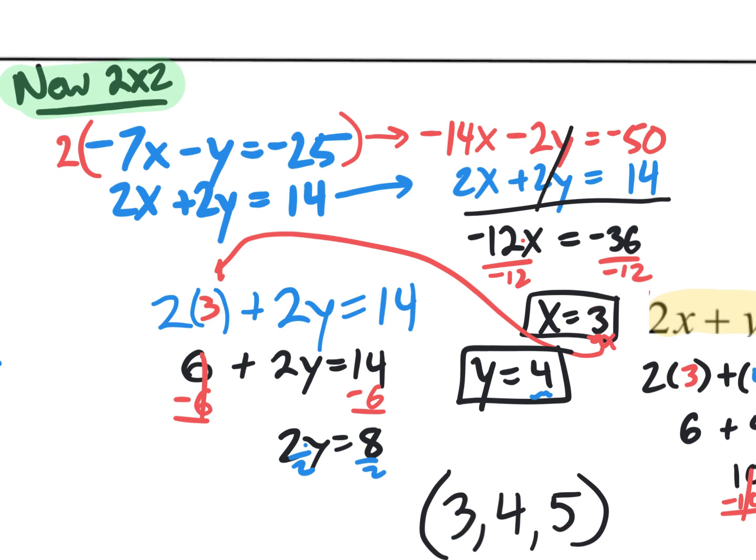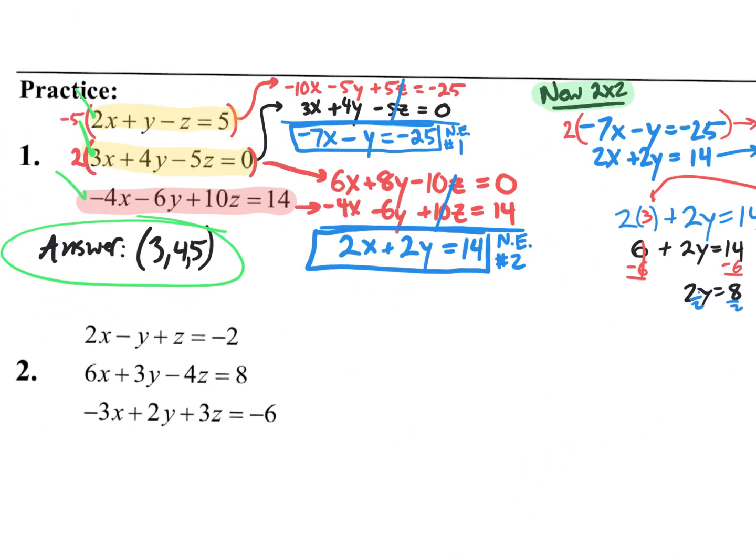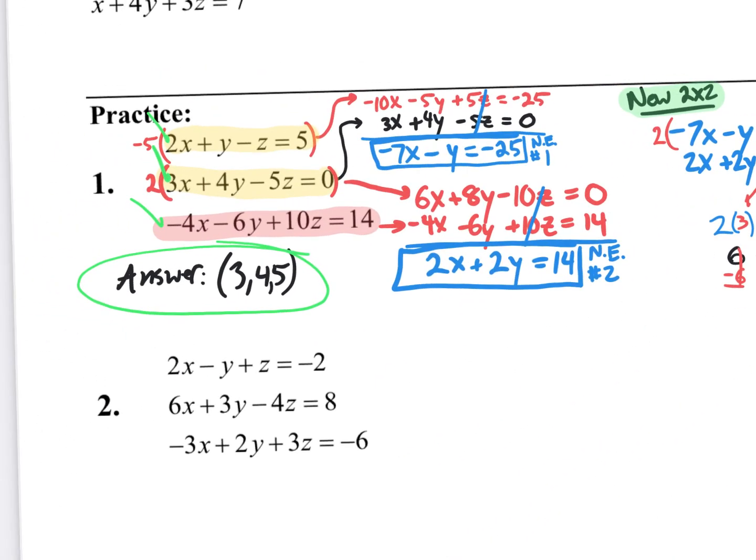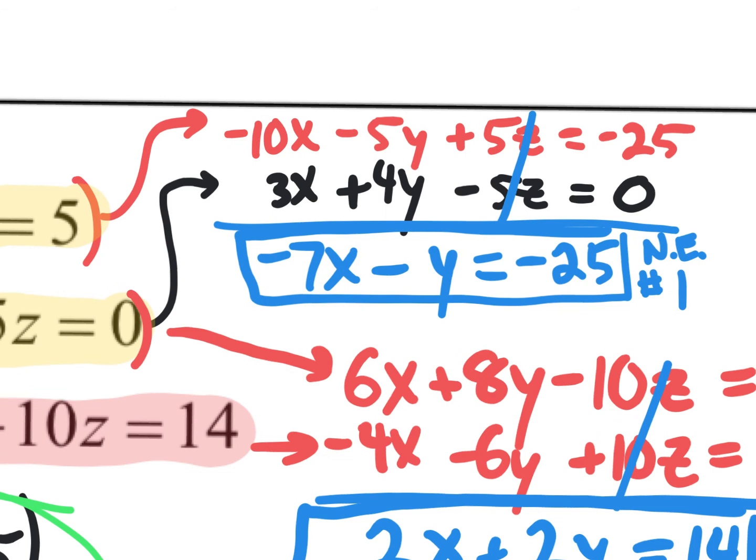Now, there will be 2 special cases. One where maybe you're trying to create your new equation number 1. And let's say on your first step, you're trying to cancel out z's. But let's say that when you modified it, the x's canceled, the y's canceled, the z's canceled, but the numbers don't. You'd end up with 0 equals negative 25.